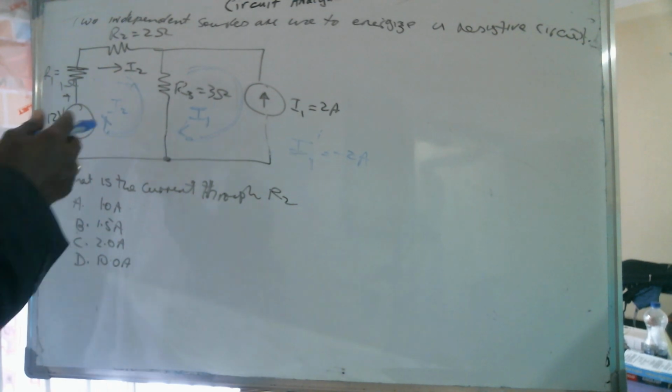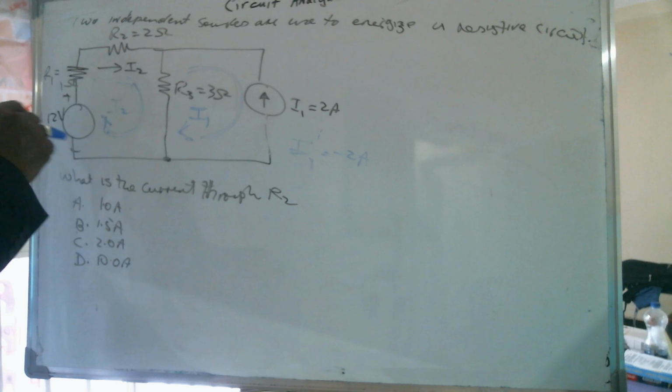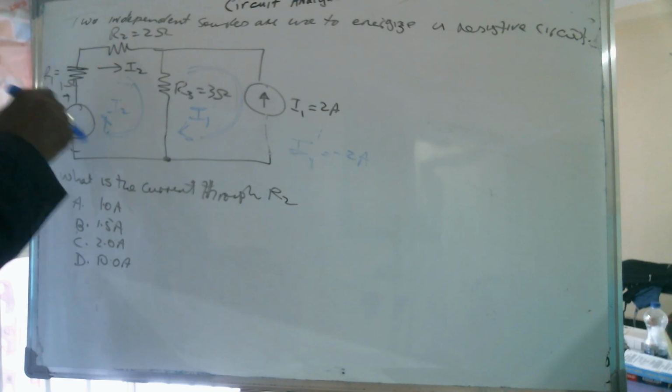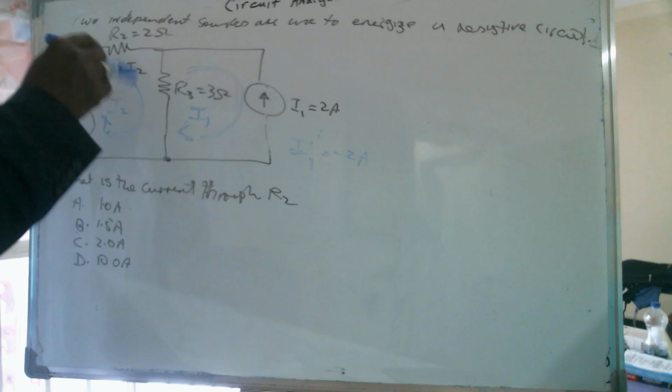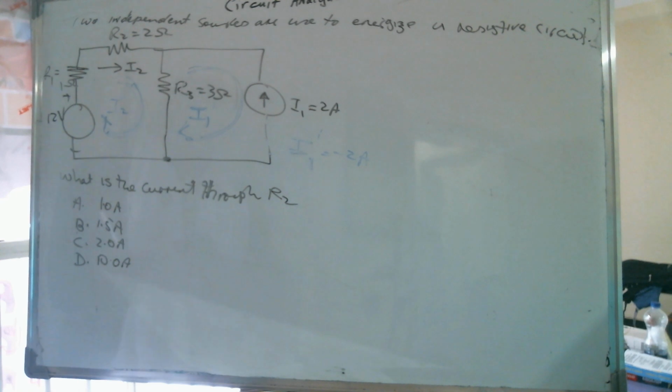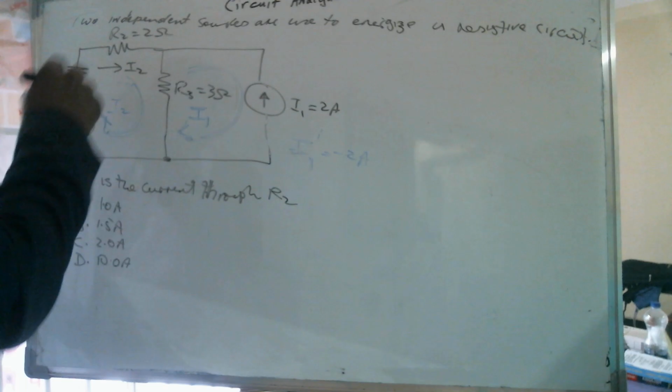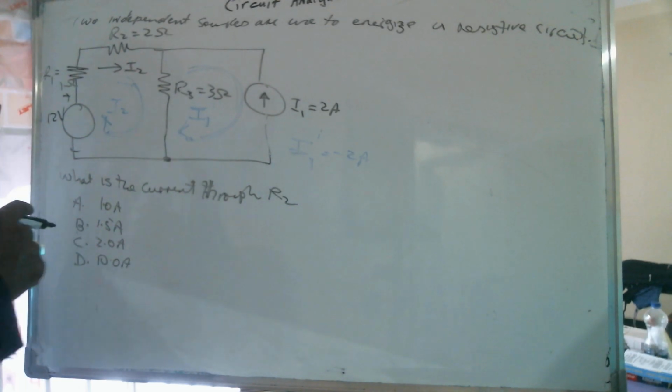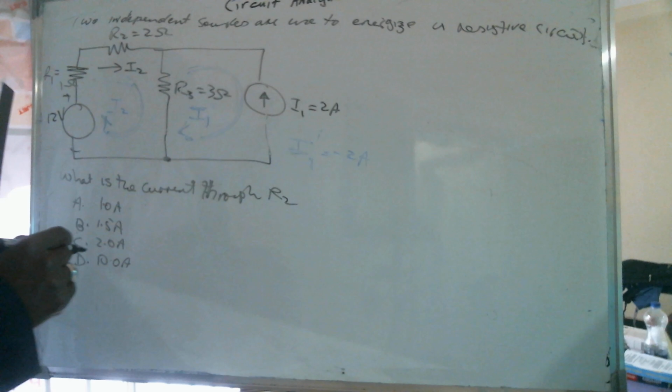And I2 is flowing out of this 12 volt source, going around this circuit, and that is the same current they're looking for, the current passing through R2. Now let's work each of these loops and try to determine I2.